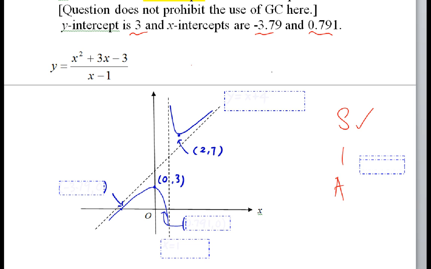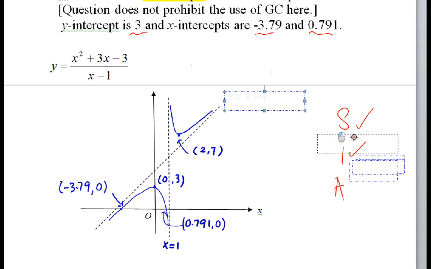Help each other. Then I, this point and this point. A, asymptotes. Label this line, label this line.